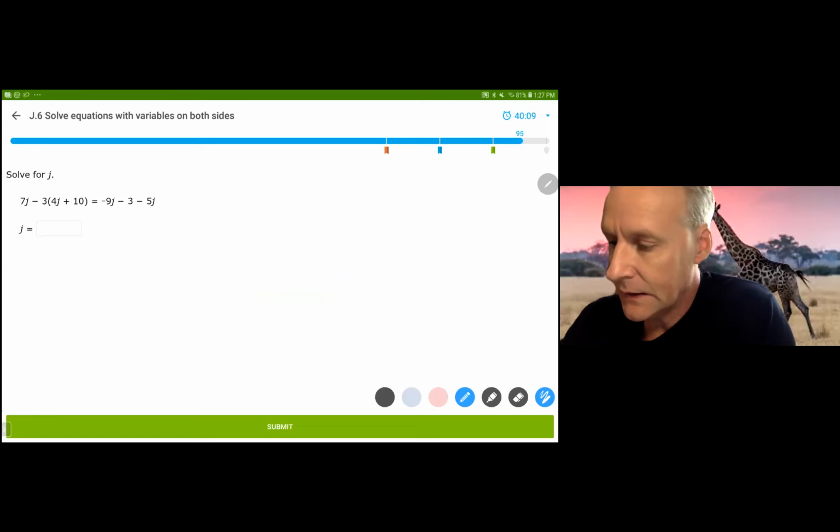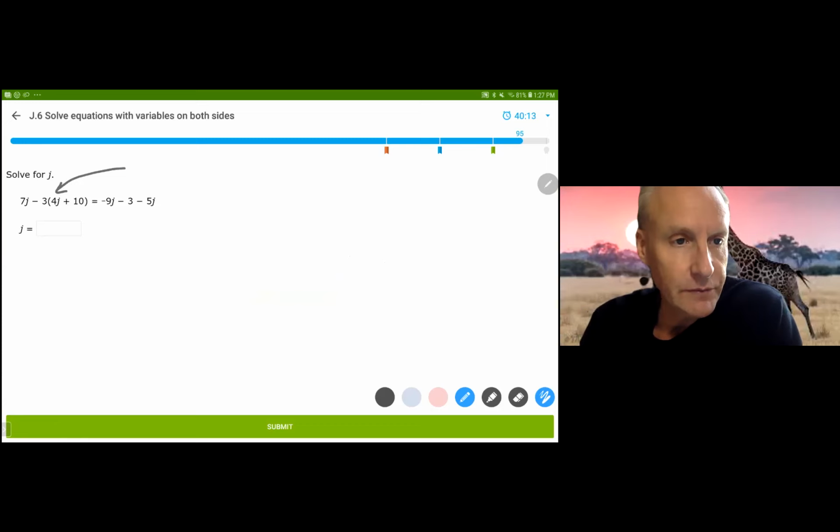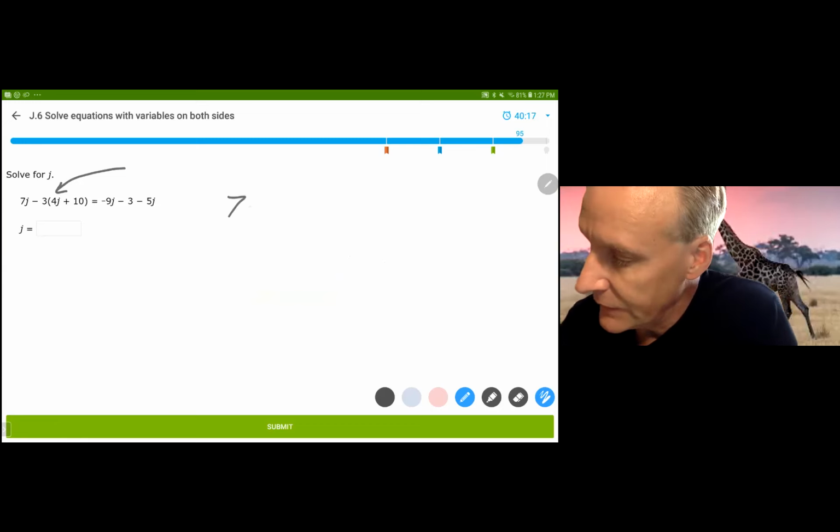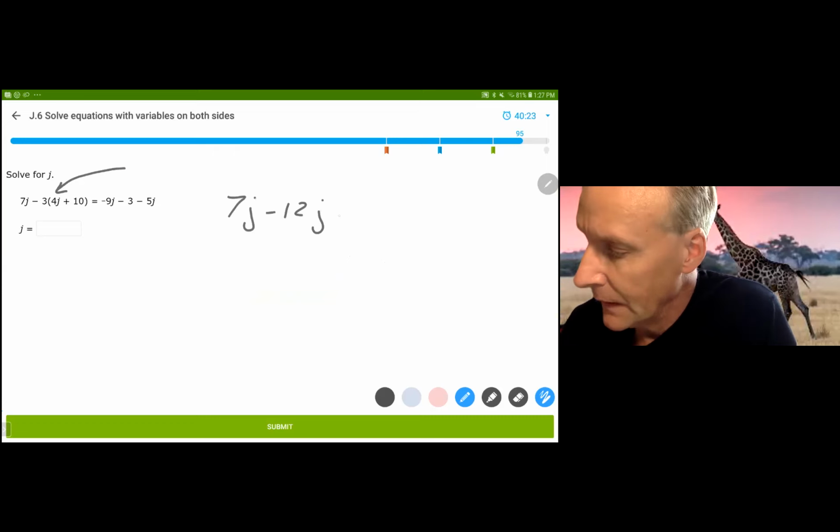Okay, again, I'm glad that they included a lot of these. You need to distribute the negative 3 in this case. So I've got 7j minus 12j. You could put plus a negative, it's the same thing. Minus 30 is equal to, and I'm going to go ahead and put these together.